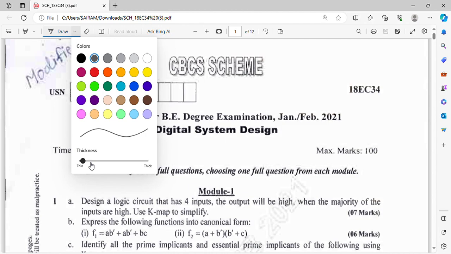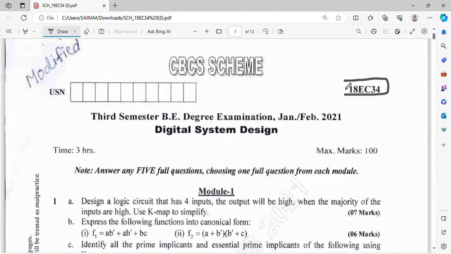I forgot to tell you one thing: 18 EC 34 was for three sets of students, those who joined engineering in 2018, in 2019, and in 2020. They all had this 18 EC 34 subject. So this is one of the fresh papers.